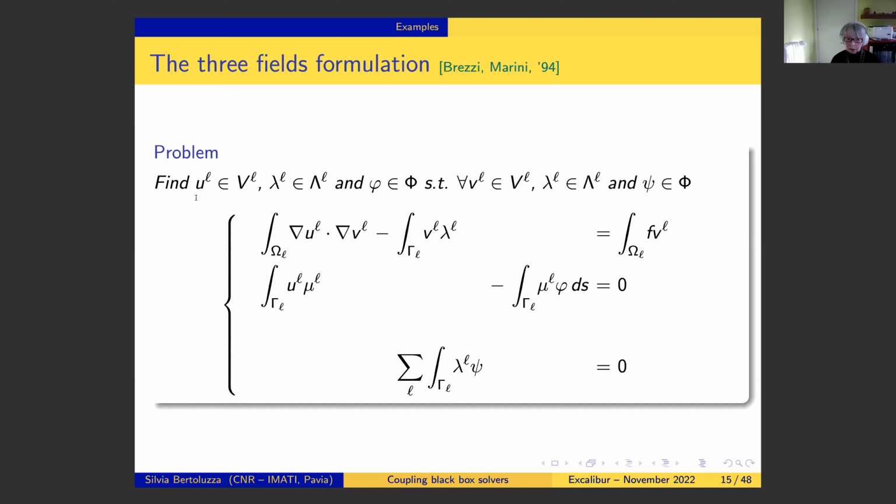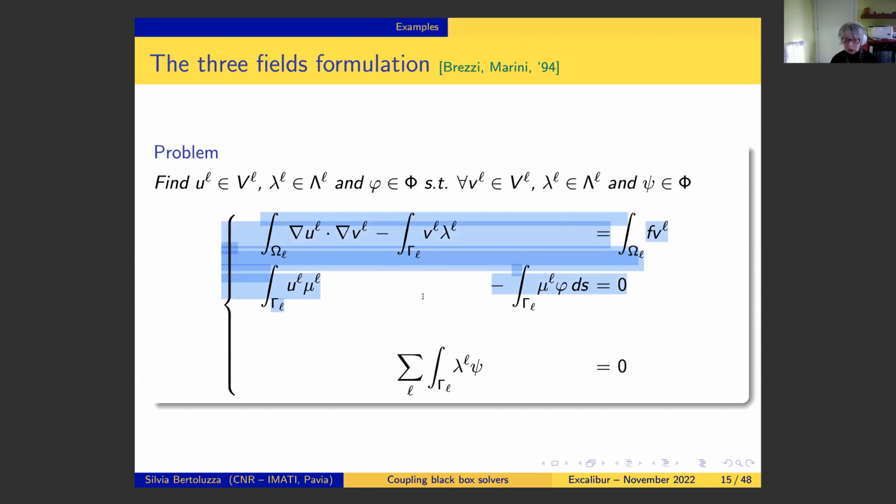So I look for u_L, lambda_L for each L, and phi that lives in the trace on the skeleton of the whole domain, such that for all test functions in the same space, I have these three equations.